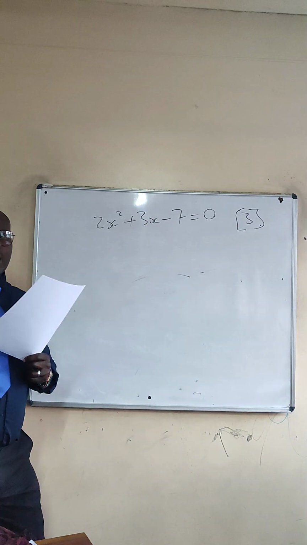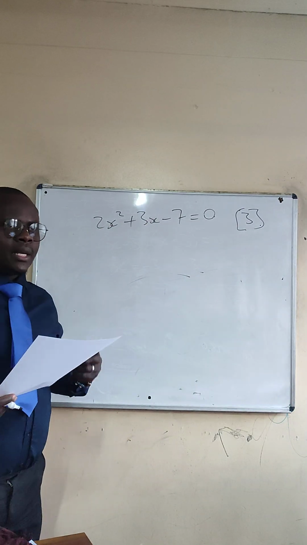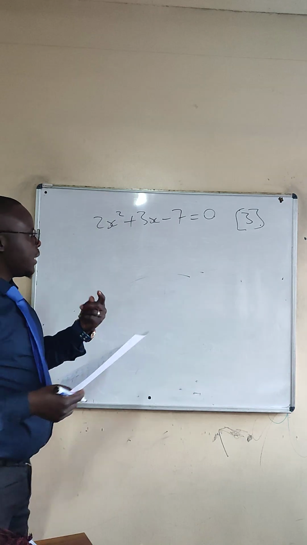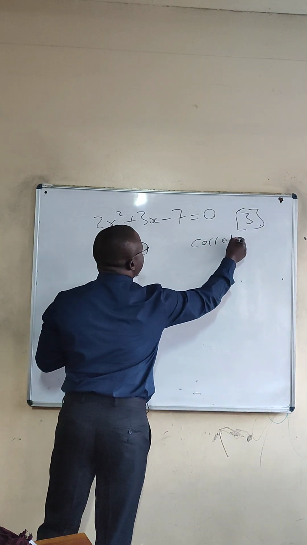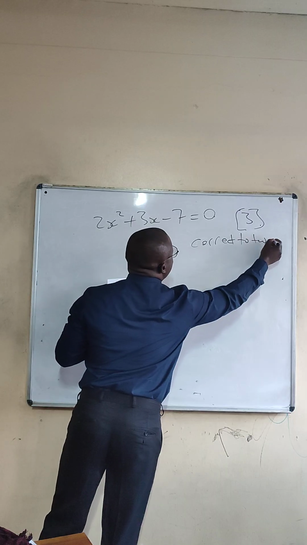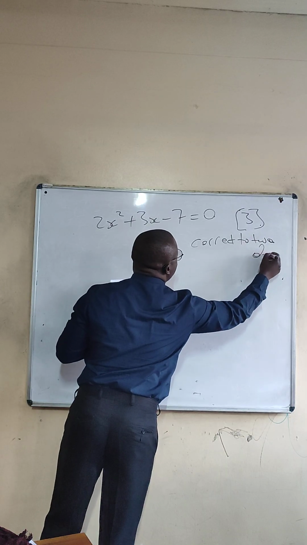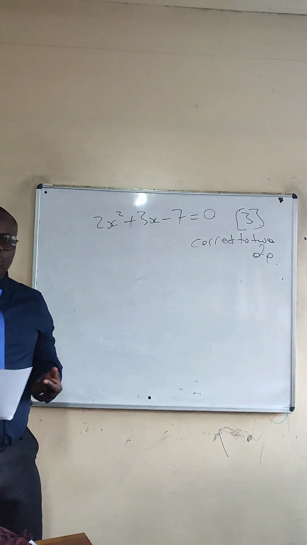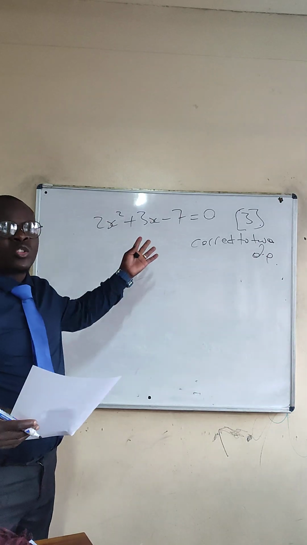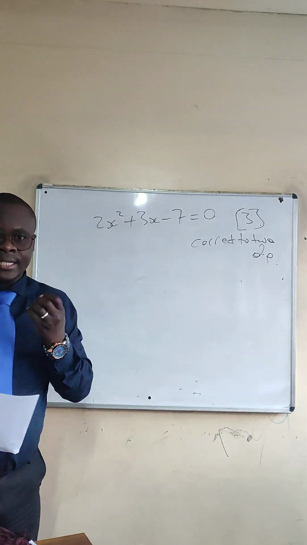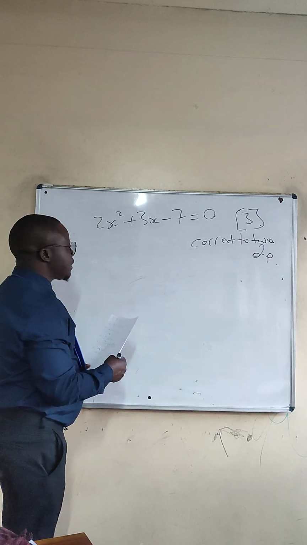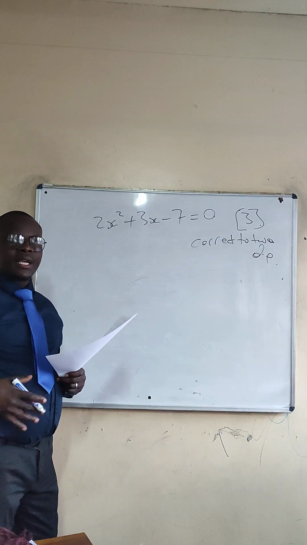How you should answer this question is that there's an instruction on the question: you should answer correct to two decimal places, which means you cannot factorize this by inspection or perform another calculation, except where you are supposed to use what is called the quadratic formula.